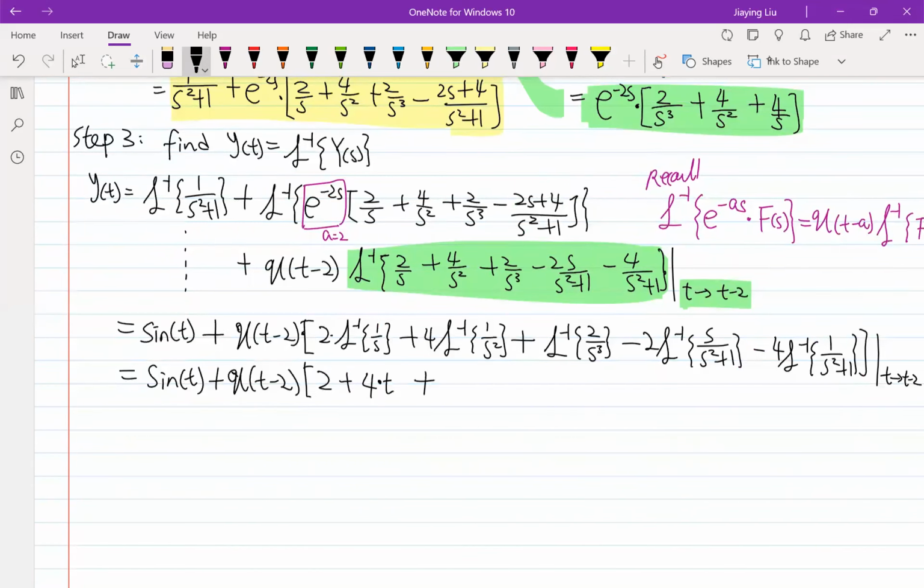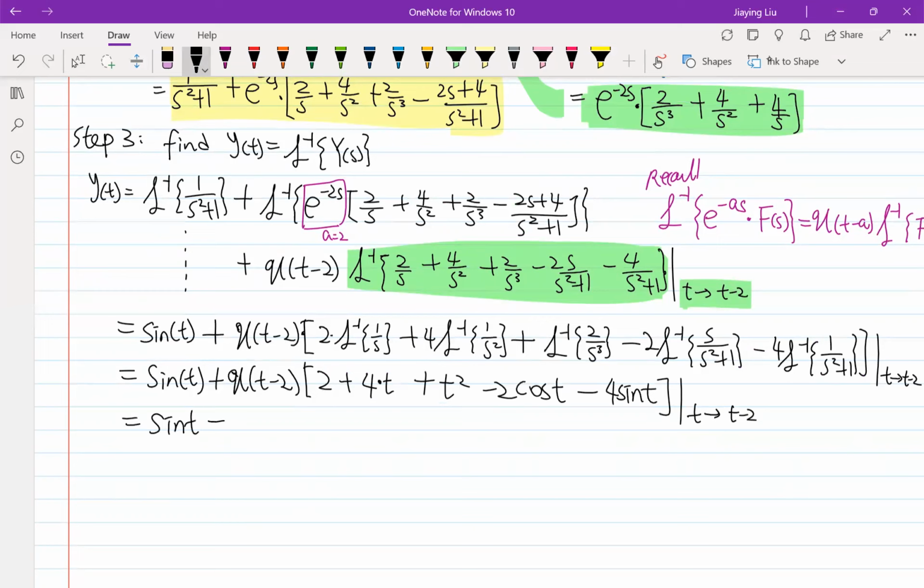And then plus t squared, and then minus 2 cosine t plus minus 4 sine t. And then that's the end, but we have to replace t with t minus 2. So last step, we get sine t.